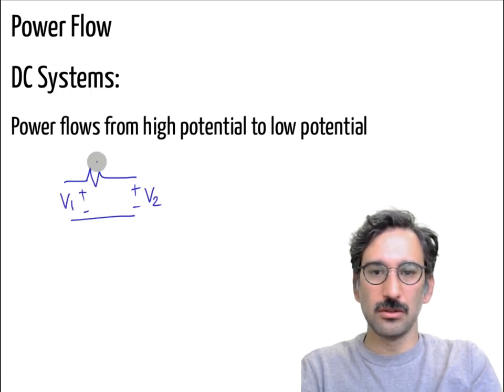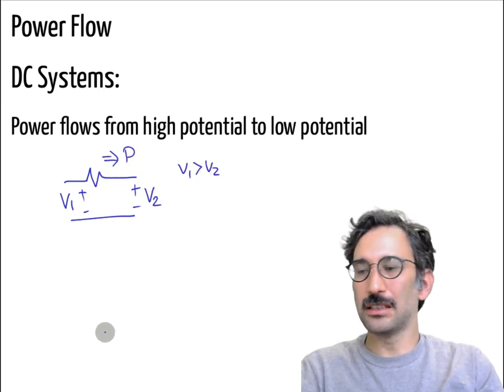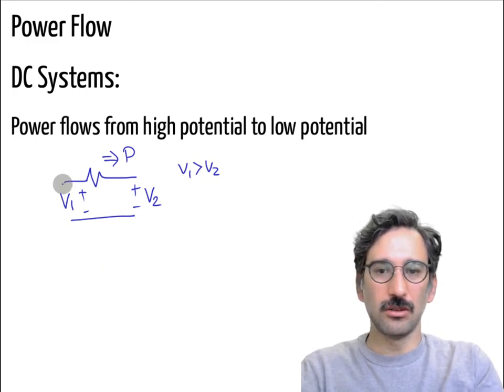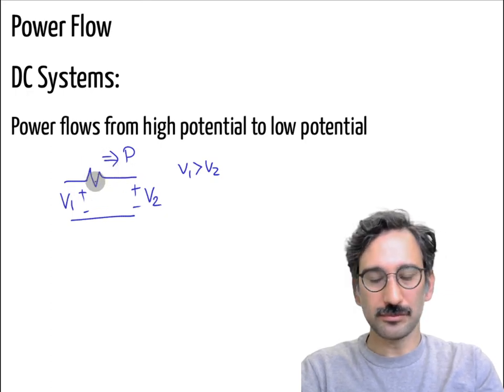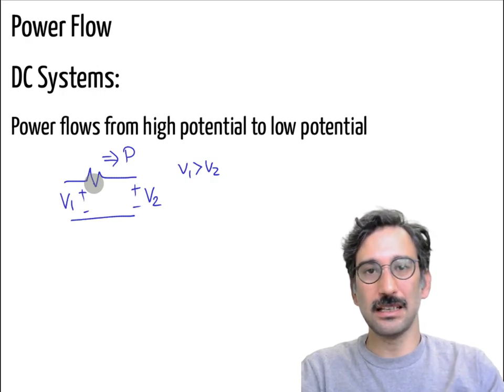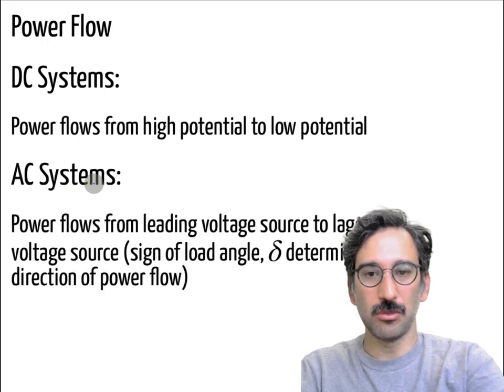If V1 is larger than V2, then the power will flow in that direction, or if it is smaller, it is vice versa. So you can quickly calculate, divide by the resistance or any impedance in between, and then calculate the power. But that is not the case in AC systems. The magnitude has no importance at all.